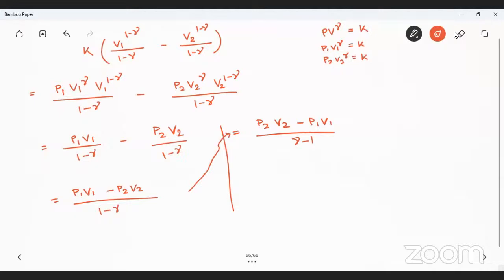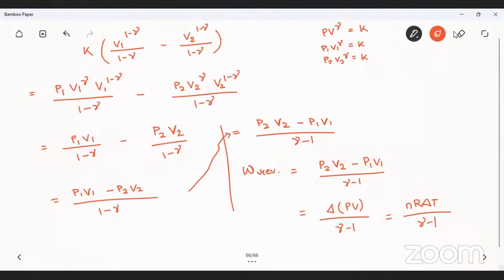I'm writing. So what were we calculating? W reversible. So W reversible is P2 V2 minus P1 V1 divided by gamma minus 1. So it is delta PV divided by gamma minus 1. What is PV? n R delta T divided by gamma minus 1.